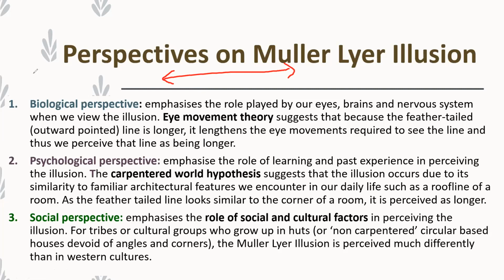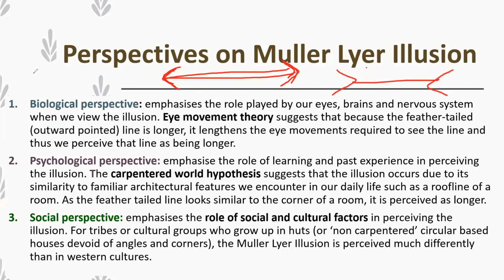If you think about it, when a line has arrows that point outwards, your eyes have to stretch or move a little bit further to see the entire line, as compared to if the line was pointing inwards.